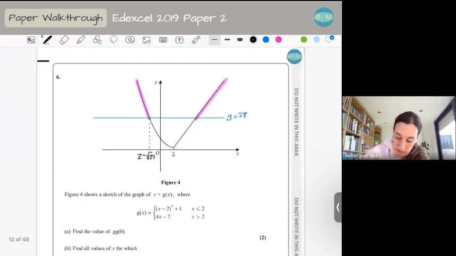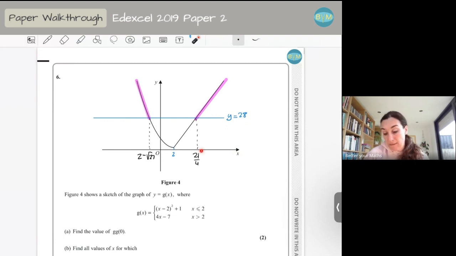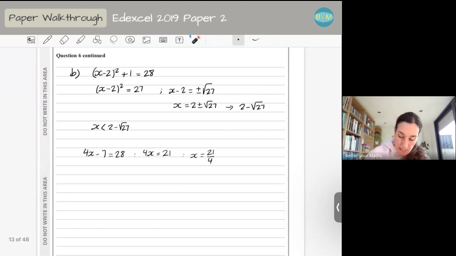This is this value here, 21 fourths. So my g(x) is going to be above 28 to the right of that value. Any value greater than 21 over 4 is going to be above. So this is x greater than 21 over 4.